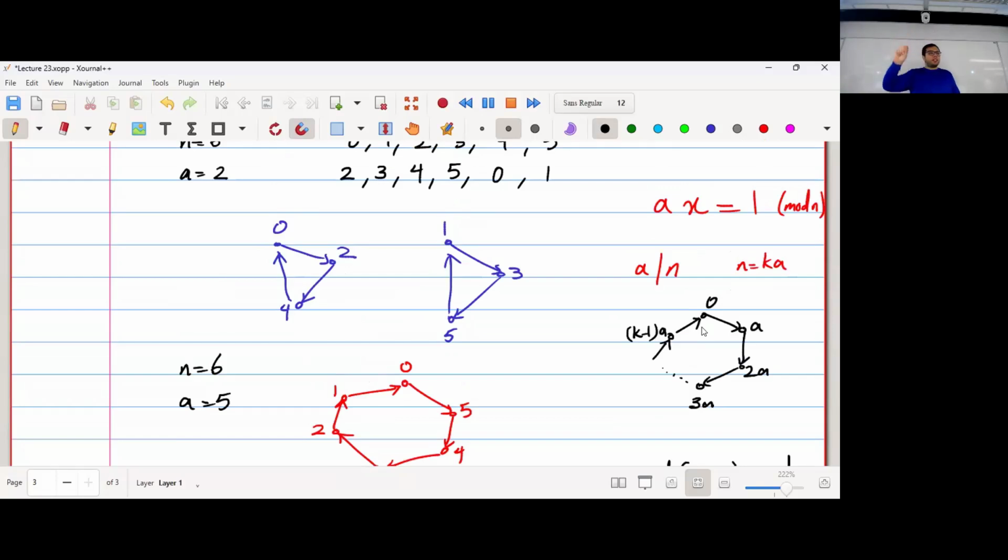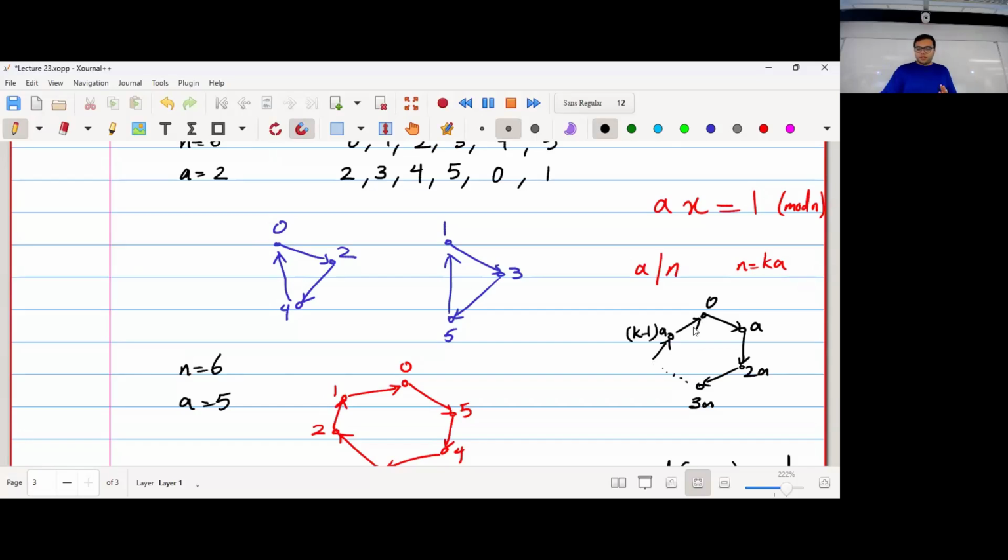So I'm going around this cycle every time I'm adding a. But I only care about the remainder modulo n. So whenever my number gets bigger than n, I'm removing a multiple of n from it, right? So any number that I'm writing in this cycle, in the cycle containing 0, is a linear combination of a and n. Do you all agree with that?